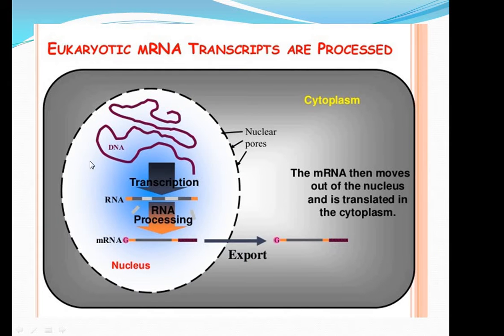This is a eukaryotic cell. After transcription, it undergoes some RNA processing. Then the pre-mRNA undergoes modifications to form mature mRNA, and then it is exported out of the nucleus through the nuclear pores, and here translation begins.